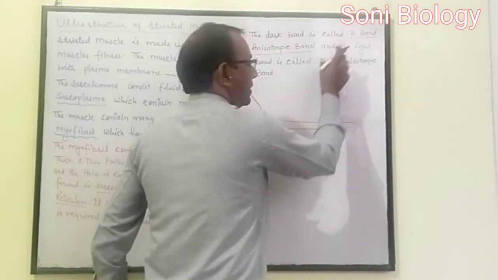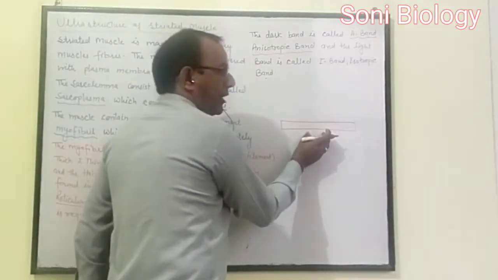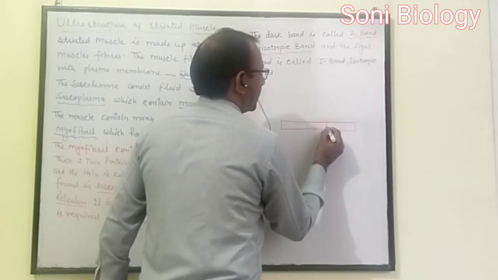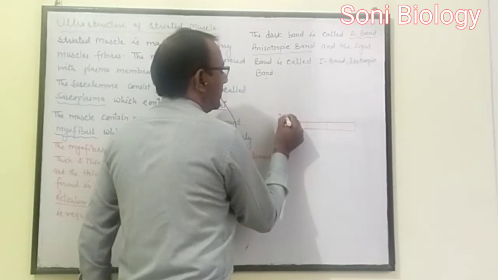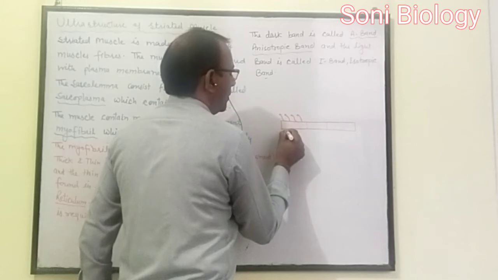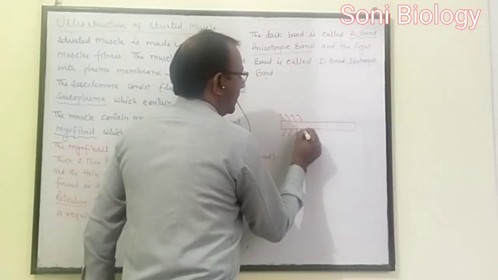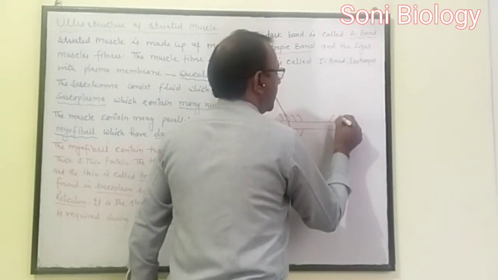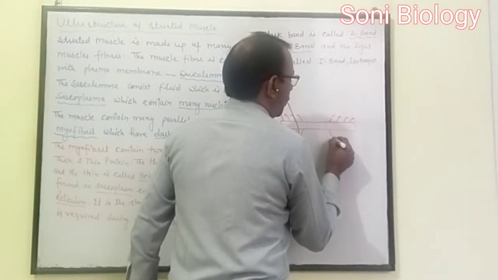At the center of the A band, it contains a comparatively light zone, which is called the H band or H zone.